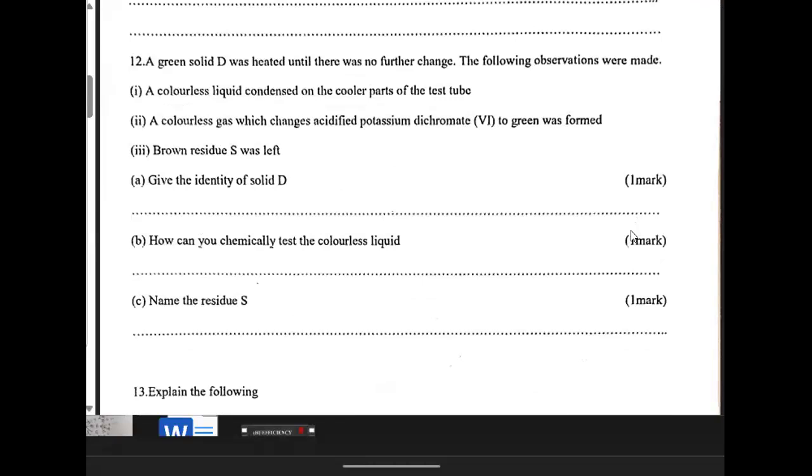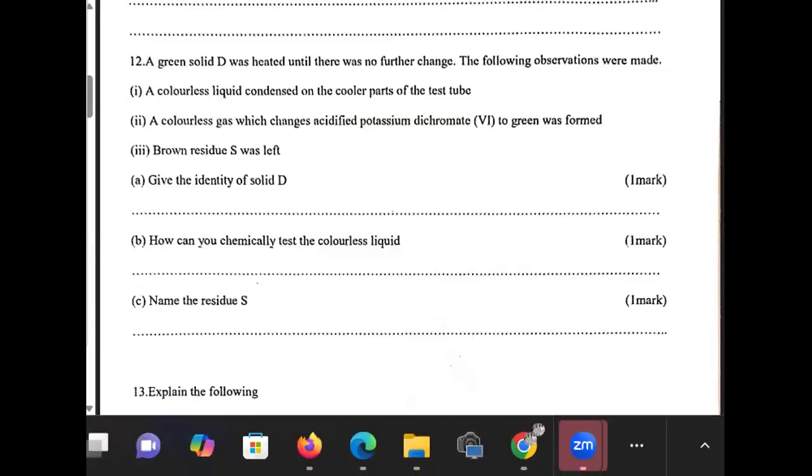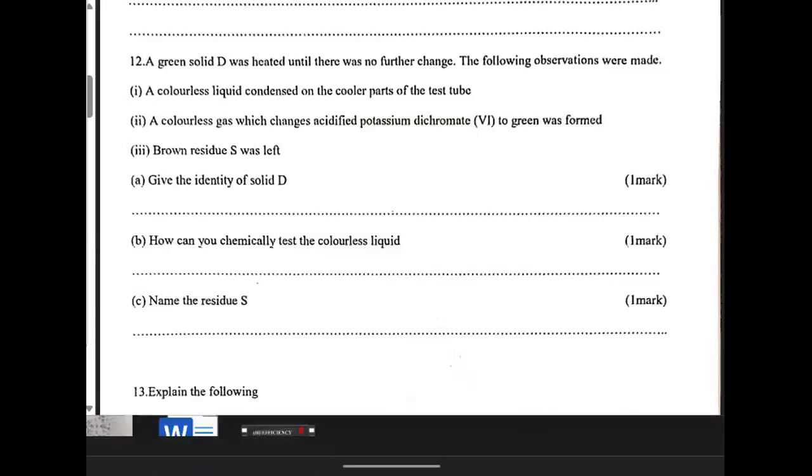It is tested by putting anhydrous copper 2 sulfate, which will change from white to blue. Another way is by putting anhydrous cobalt 2 chloride, which is blue, and when the liquid is put, it will change to pink. Those are the two chemical tests.